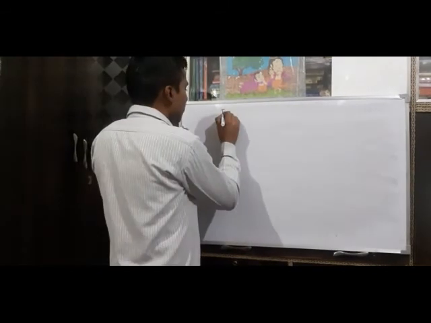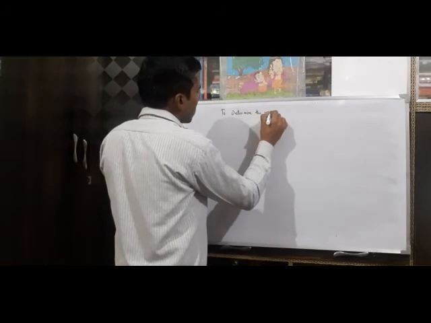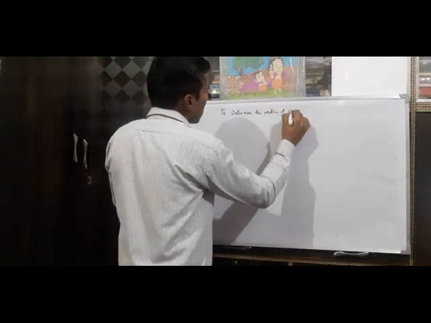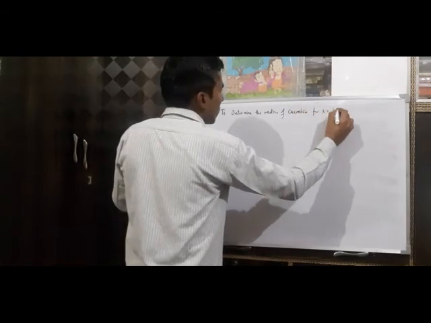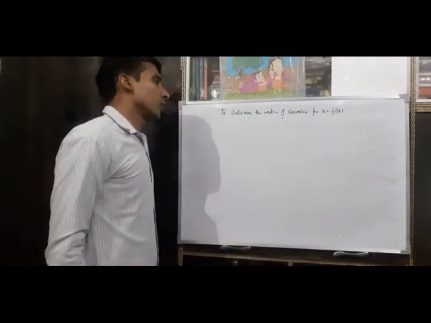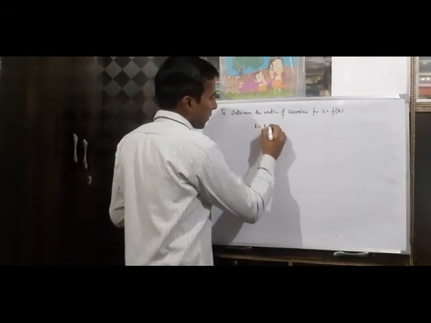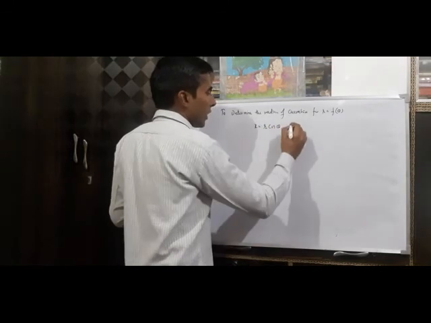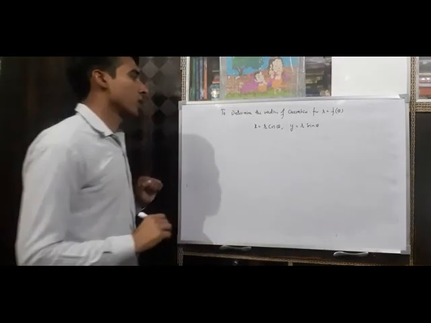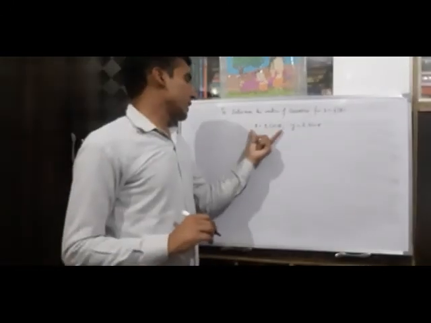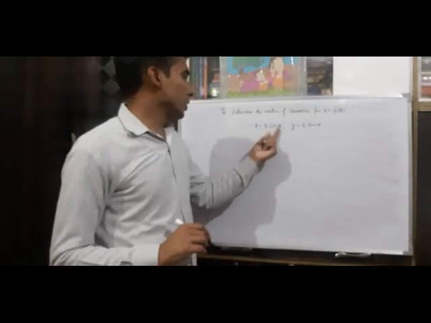So to determine the radius of curvature for r equal to f theta, in the case of a polar curve we know x is r cos theta and y is r sin theta.